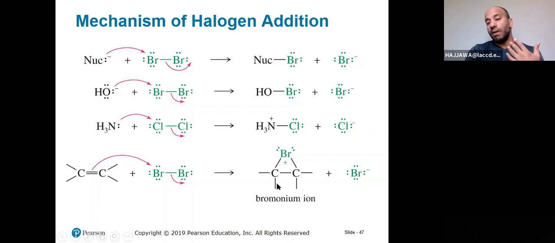Rather, it forms what we call a three-member ring, a bromonium ion, or a chloronium ion, or an iodonium ion in the case of using Cl2 or I2. So this is the intermediate that we're going to see in the mechanism.